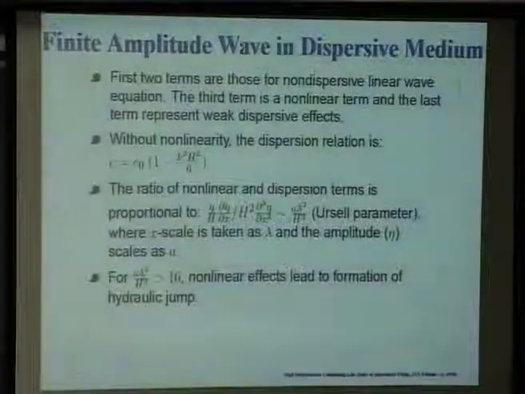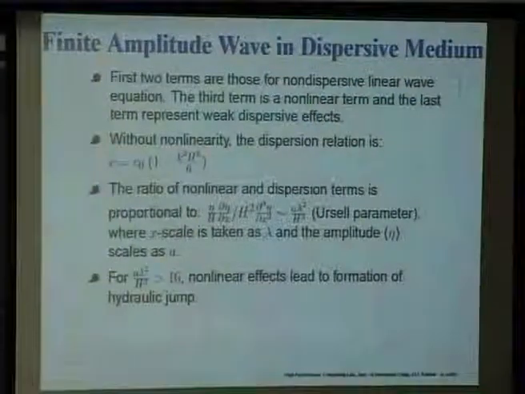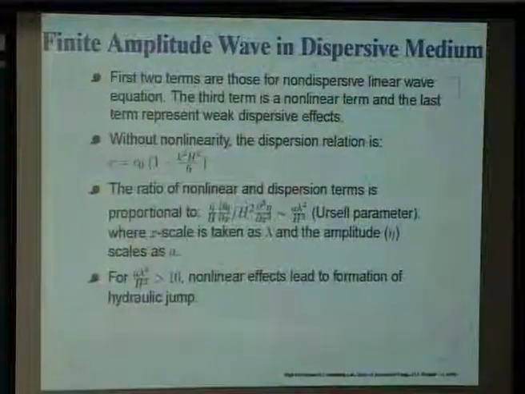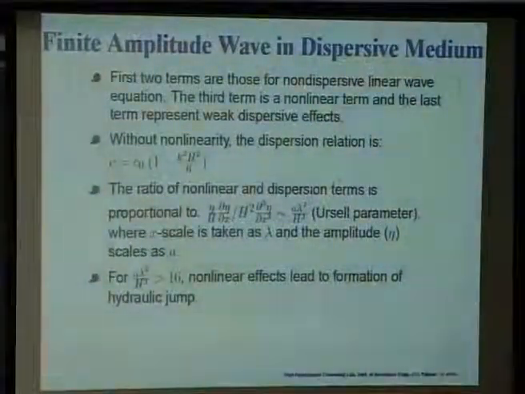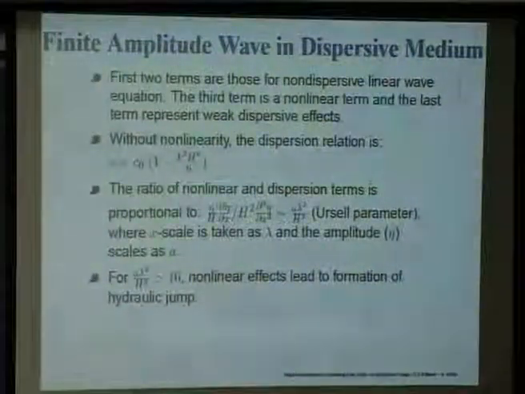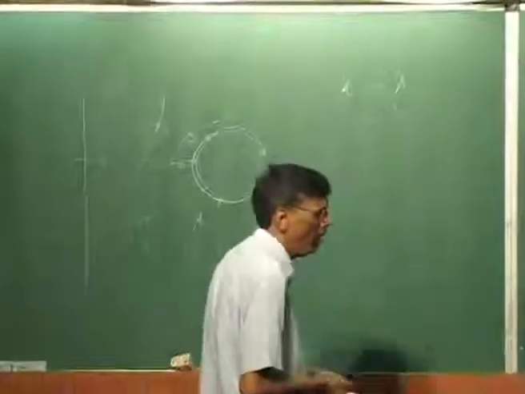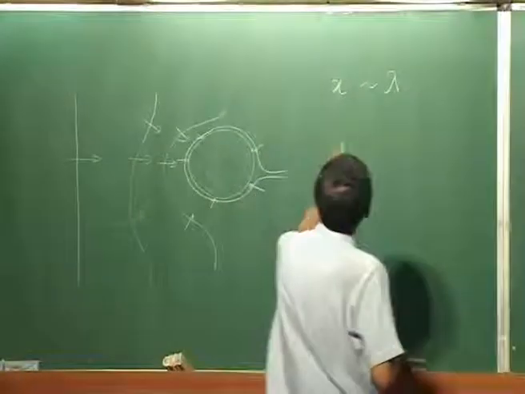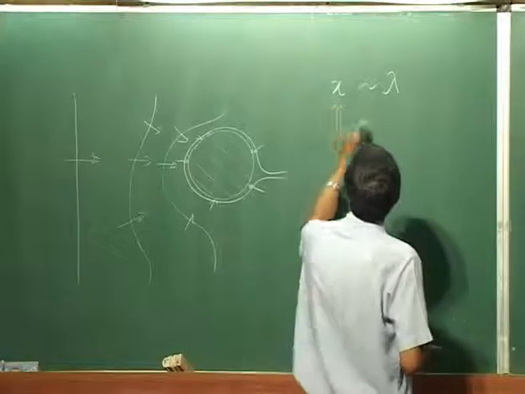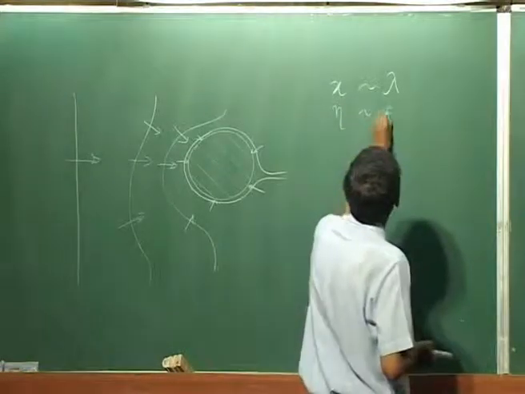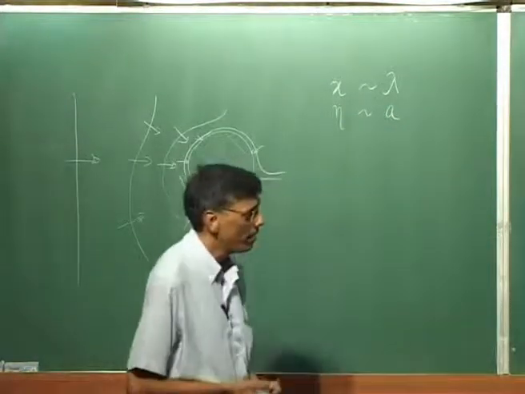The ratio of this is written like this. So, h is in the vertical direction, but x, let us say the length scale, we associate with lambda, and eta, the wave amplitude, we can associate with, say, a.